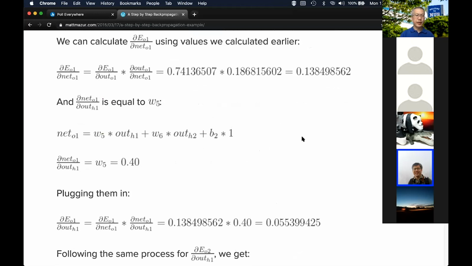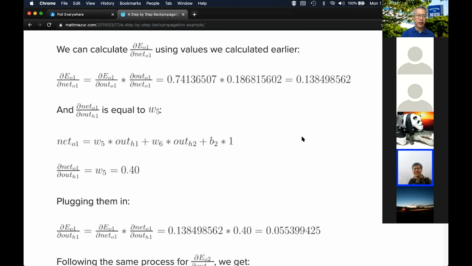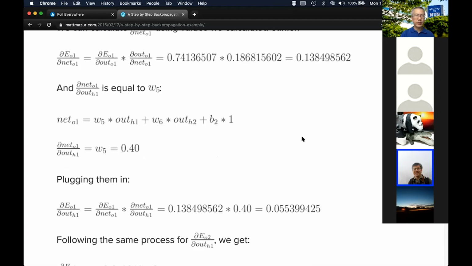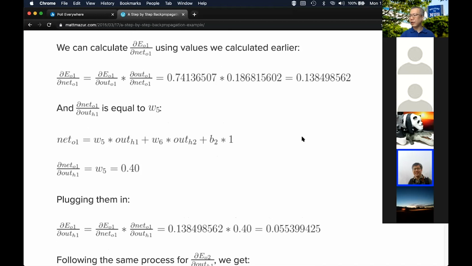Okay, so then you will be able to calculate these two branches. They're basically the same computation that you saw earlier. It's just that now we're putting them together. So we have the earlier, this was from the red branch, our net output with respect to H1.